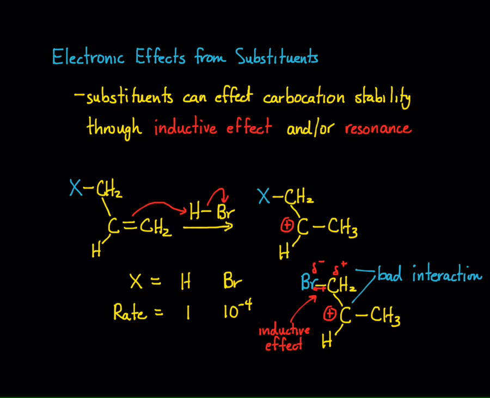Now, is that the only effect that can happen? Well, certainly in this scenario, the only thing that bromine can do is inductively affect this carbocation stability. And so inductively, it's withdrawing electron density because it is more electronegative than that carbon is.